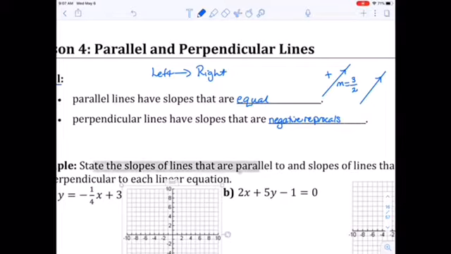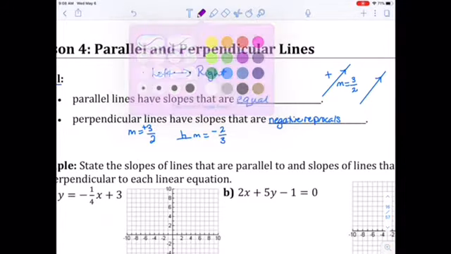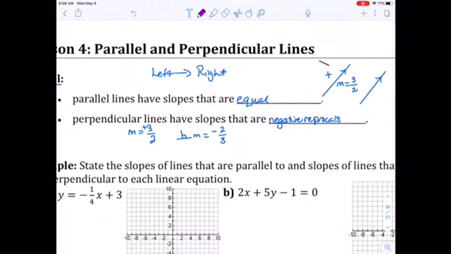If our slope was positive 3/2, then the negative reciprocal, where the reciprocal is when we switch the numerator and denominator, gives a perpendicular slope of -2/3. If we were to draw a perpendicular line, it would look like that, and this would of course be a right angle.